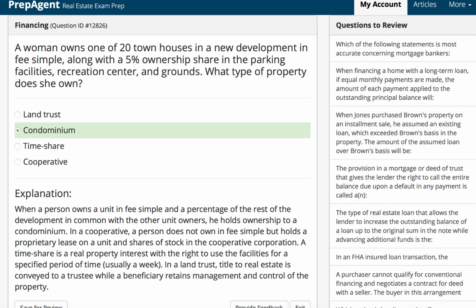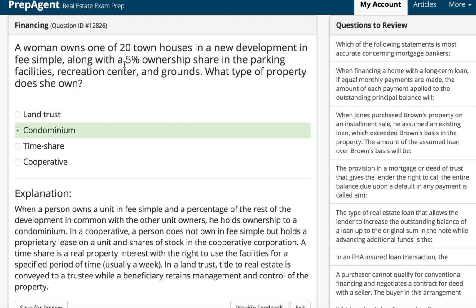In a condo, you own one of the 10 units. In a co-op, you own 1/10 of all 10 units. Does that make sense? Yeah. So what differentiates this one is a woman owns one of 20 houses. Yes, exactly. This one ticks me off so bad because I live in a condo, so I should know this. But because her ownership shares in parking, like the common area, she doesn't own a percentage of the other people's apartment.